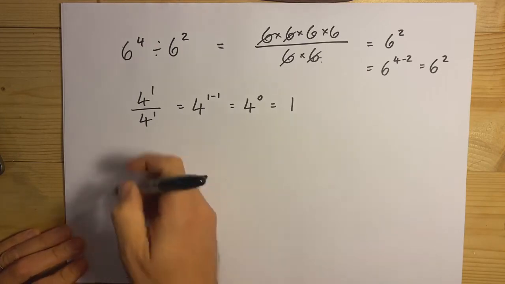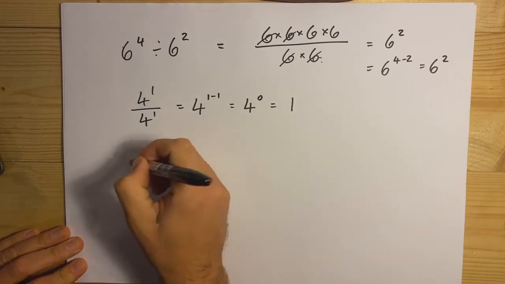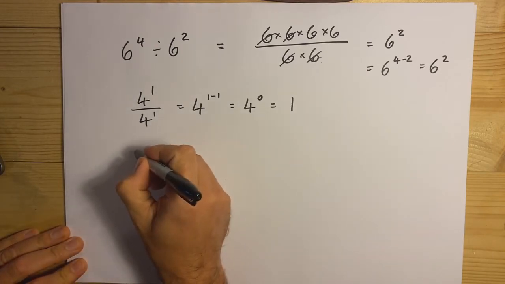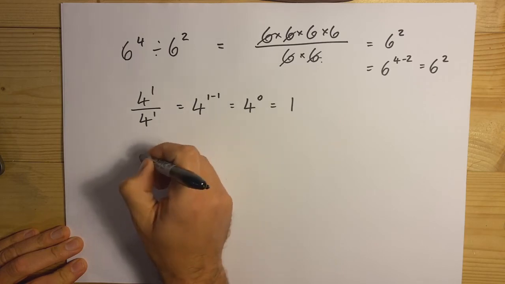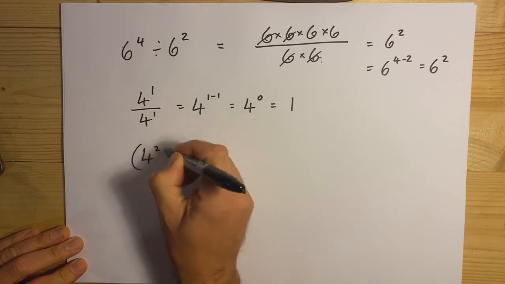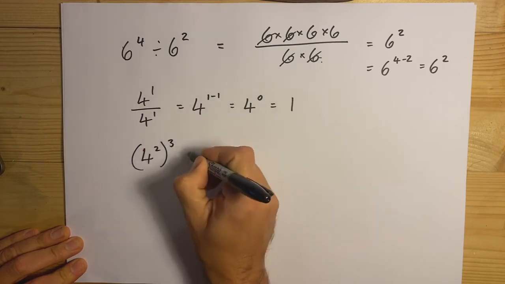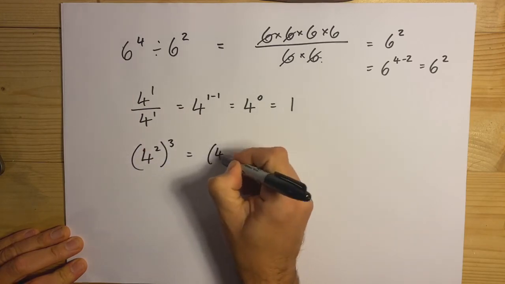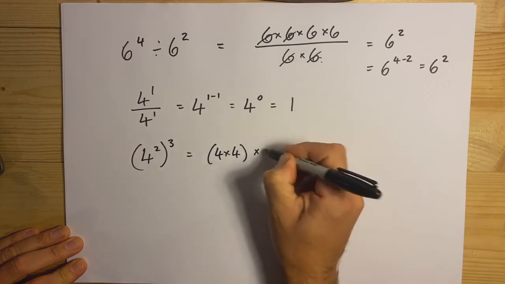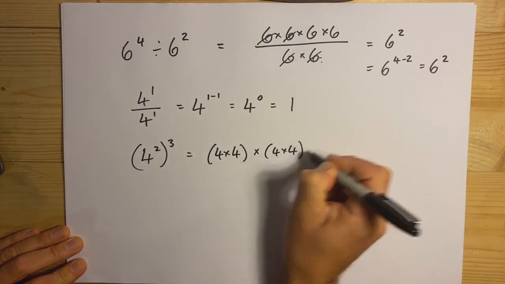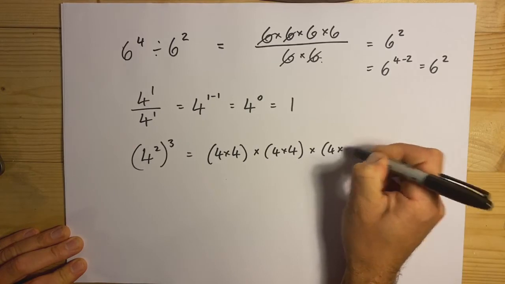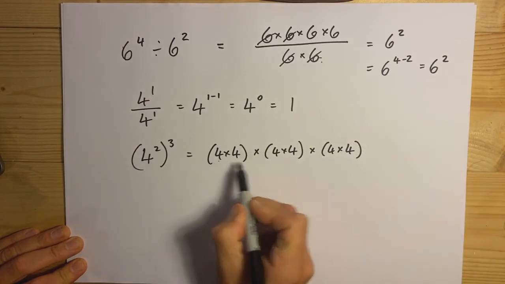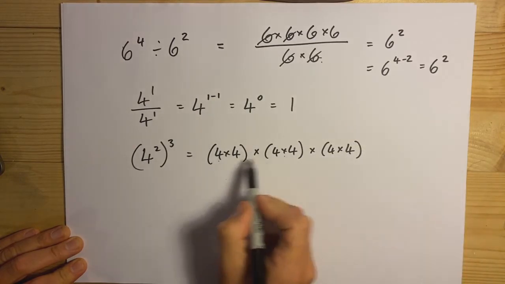Okay. Another rule here. So let's think about when we've got powers applied on top of powers. So we've got 4 squared, cubed. Now let's write that out longhand. That would be 4 times 4, 4 squared, times 4 times 4, again 4 squared, times 4 times 4, 4 squared, 3 times, or 4 squared cubed.